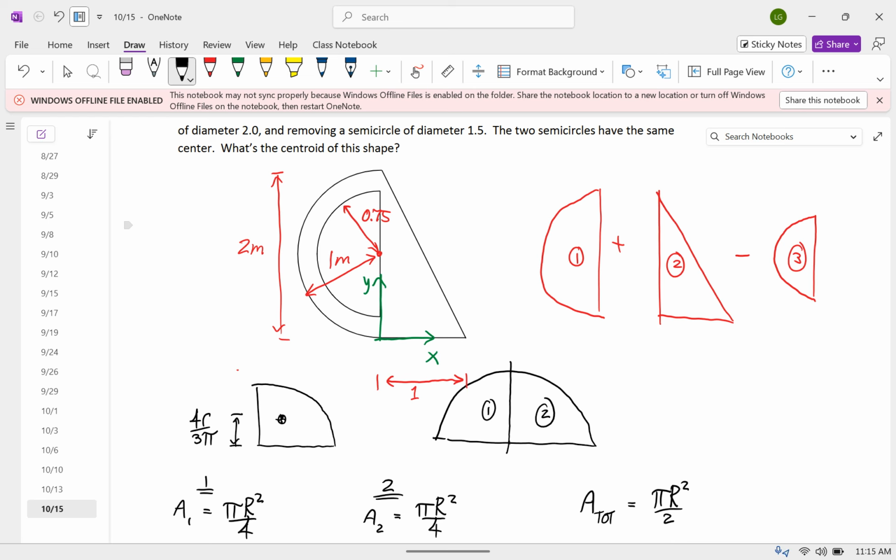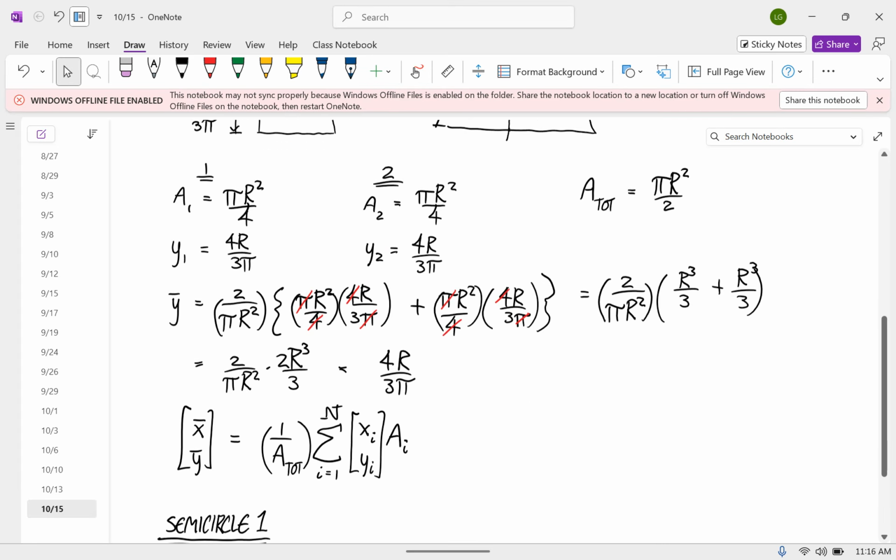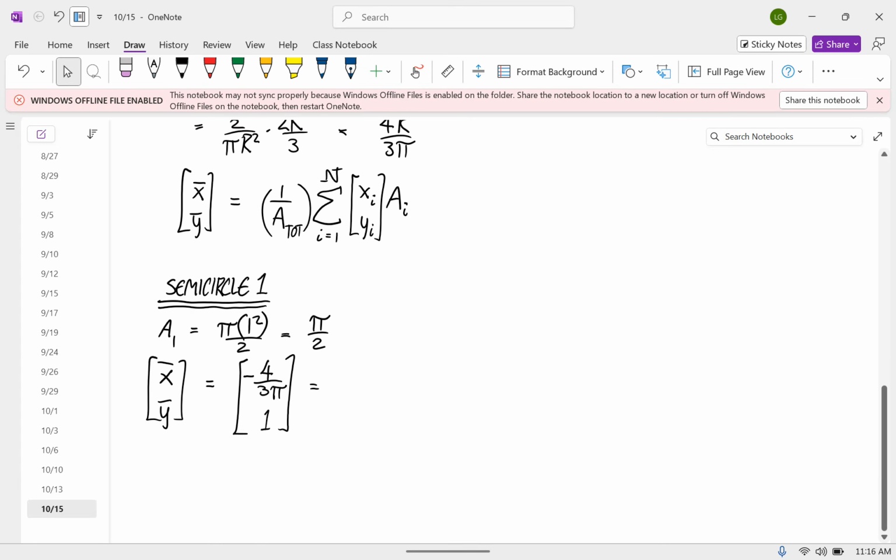So that's why it's negative? Yeah, because of where my origin is. If you put your origin somewhere else, you'd get a different location. Okay, so negative 4 over 3 pi. So we get negative 0.424, positive 1.